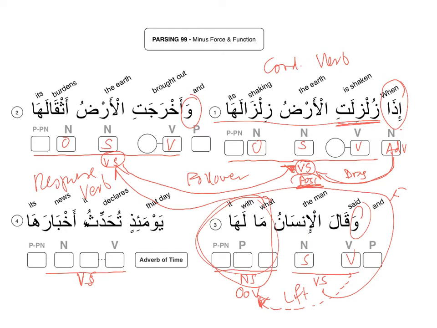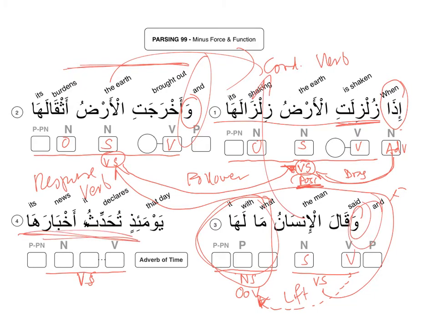Sometimes it doesn't come directly after the conditional verb, because you still have a conjunction here that goes back to this verb, and then another conjunction that goes back to this verb, and then the response verb would be here, tuhaddithu akhbaraha. So the earth declares its news when it is shaken.